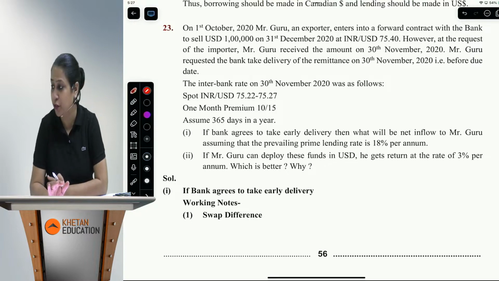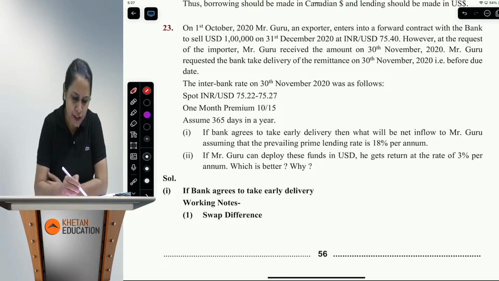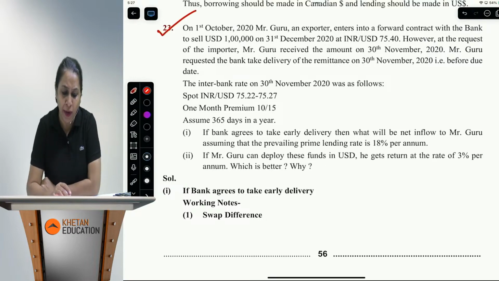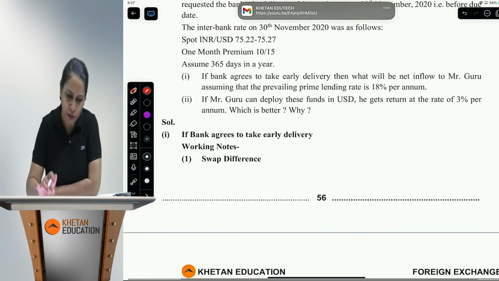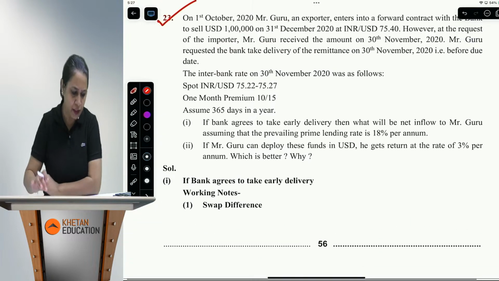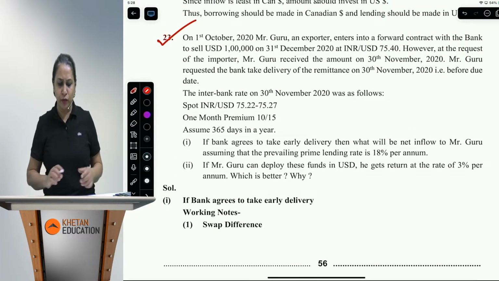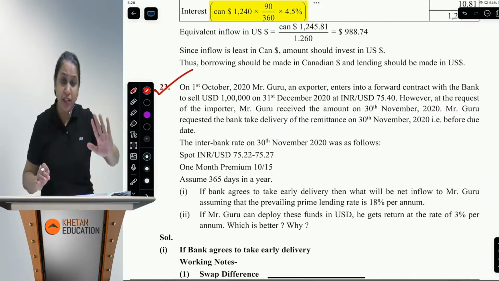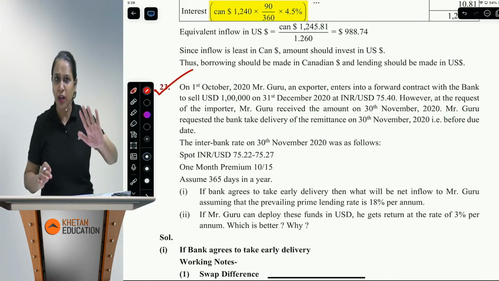This is something I'm going to teach you very properly. If you're ready, on 1st of October, this is an early delivery sum. Okay, on 1st of October 2020, Mr. Guru, an exporter, enters into a forward contract with the bank to sell $1 lakh on 31st of December 2020 at 75.40. Why not I take this question somewhere else and start teaching you? Would that not be better? Or maybe I can do it here also. Wait, just relax, all of you. Don't miss out on the attention part.